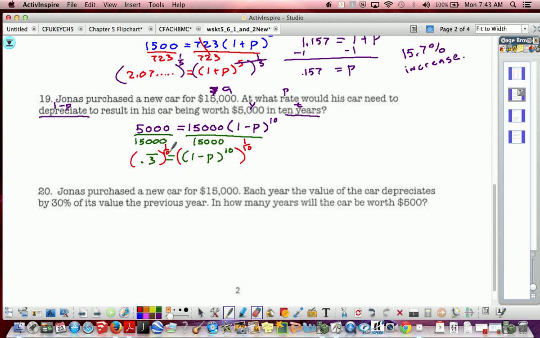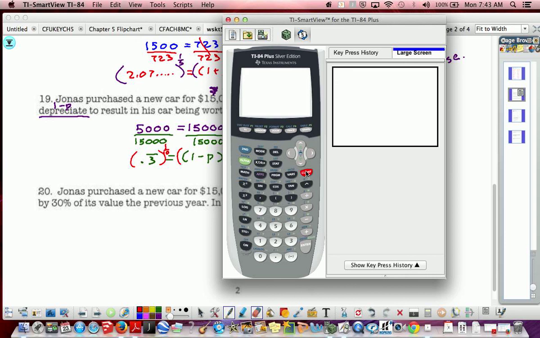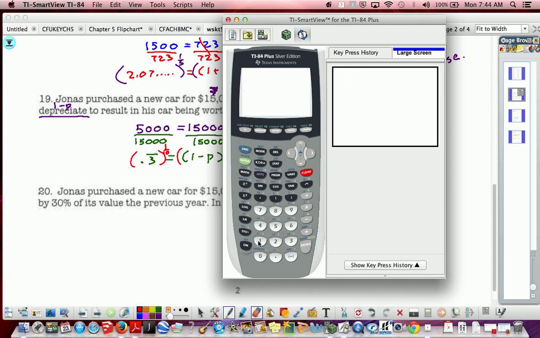So when I do that on my calculator, what I have to do is go 1 divided by 3, which is like a decimal, and I need to raise it to the 1 divided by 10 power. Whoa, it didn't take my divide. So let's try that one again. 1 divided by 3 raised to the 1 divided by 10.